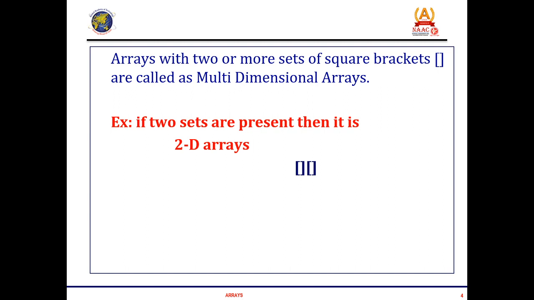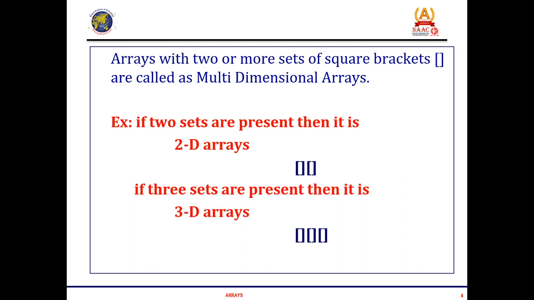It's a very simple way to differentiate. If there is a single pair of square brackets, we call it a single dimensional array. On the other hand, if two pairs of opening and closing square brackets are present, then it is called a two-dimensional array. Similarly, if I have three pairs of square brackets, then it is called three-dimensional.